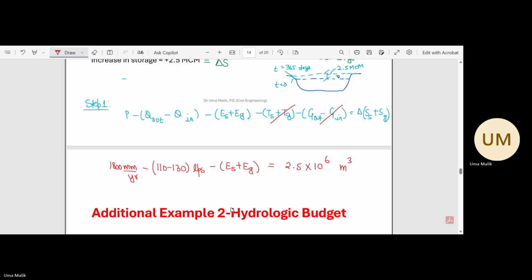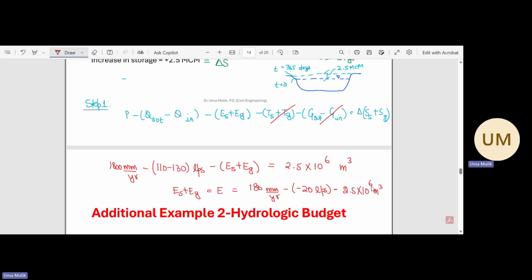Okay. So now rewrite this equation, ES plus EG, or we will write it as E, is equal to 1800 mm per year minus 20 liter per second minus 2.5 into 10 raised to power 6 meter cube.